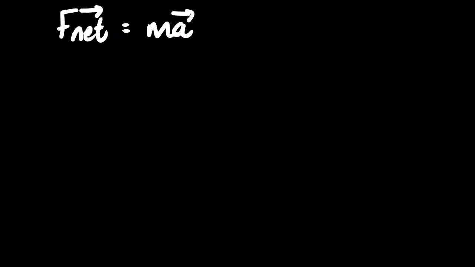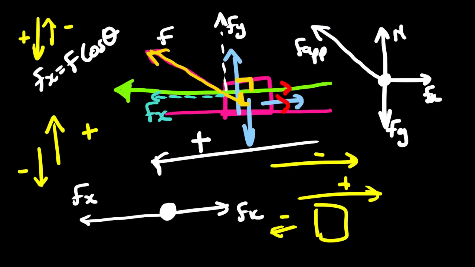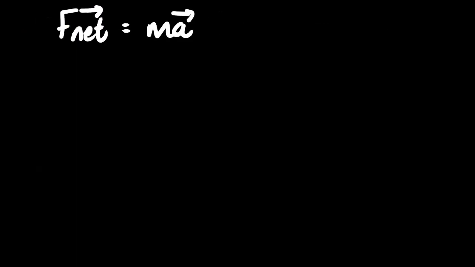So in this case, we are going to take left as positive, right as negative. So you can see that our Fx will be positive, and then our Fk will be negative. So Fx minus Fk will give us Ma.